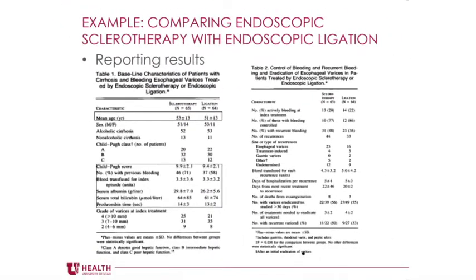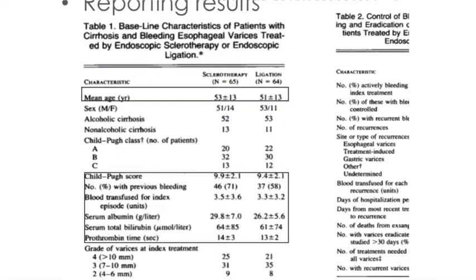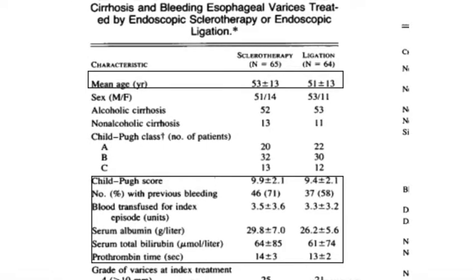In this slide, we can see how they report their results. Table 1 is usually used to report patient characteristics. If we zoom in on Table 1, you can see they report all these continuous measurements by two different types of therapies.